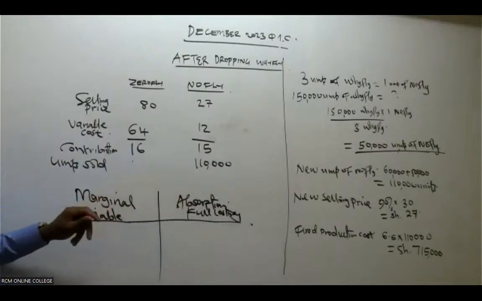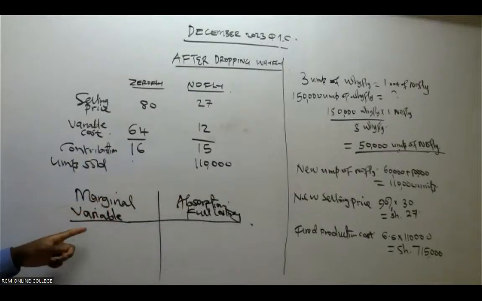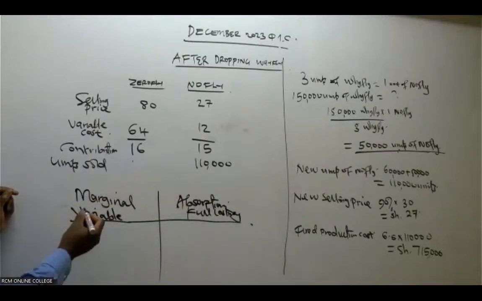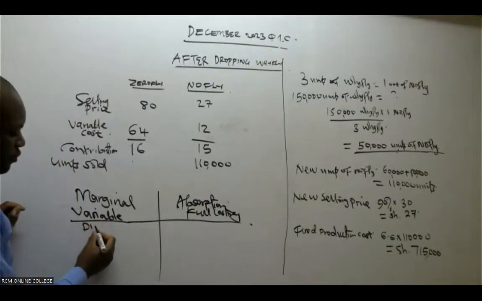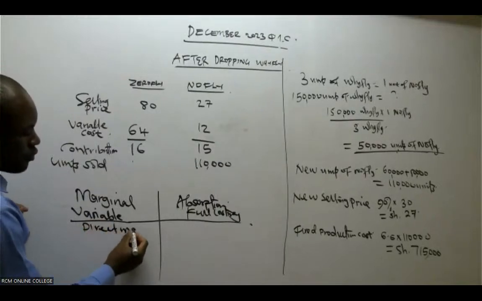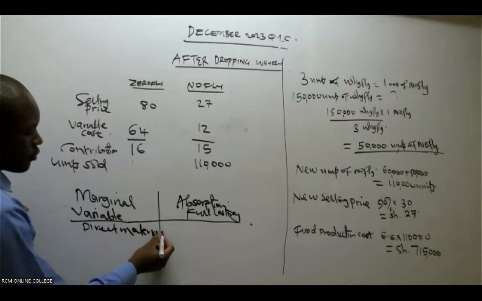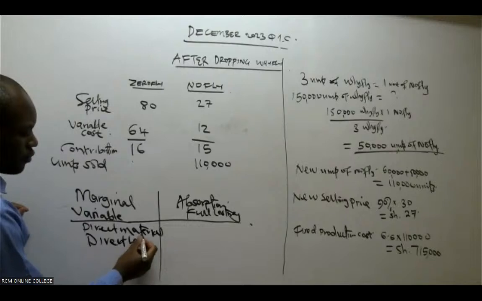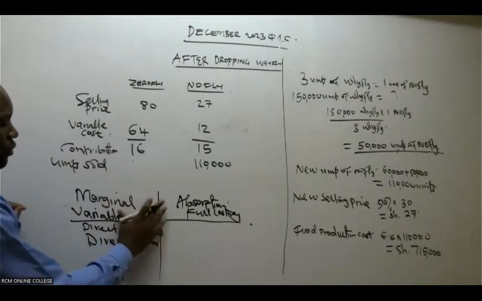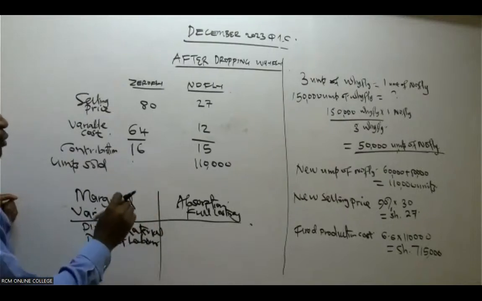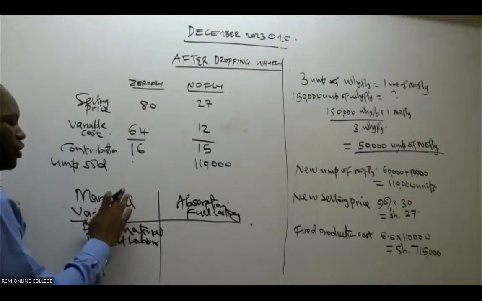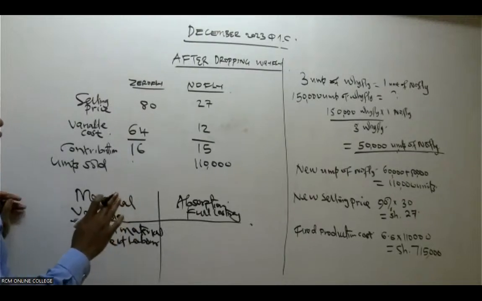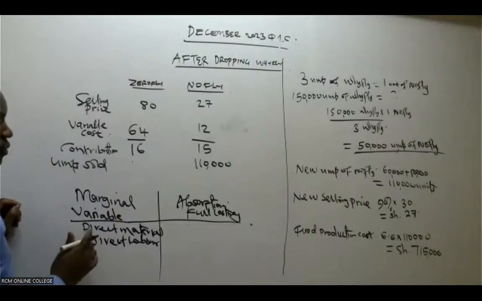Under this particular method, that is marginal or variable costing, we only consider direct material. We consider direct labor. This concept here is very important to us because as we proceed, there's somewhere we are going to deal with them in a different question.